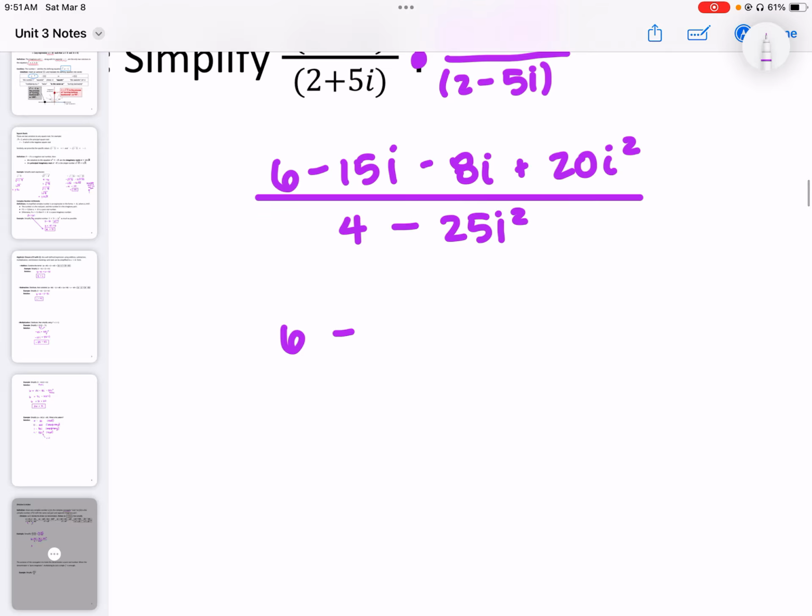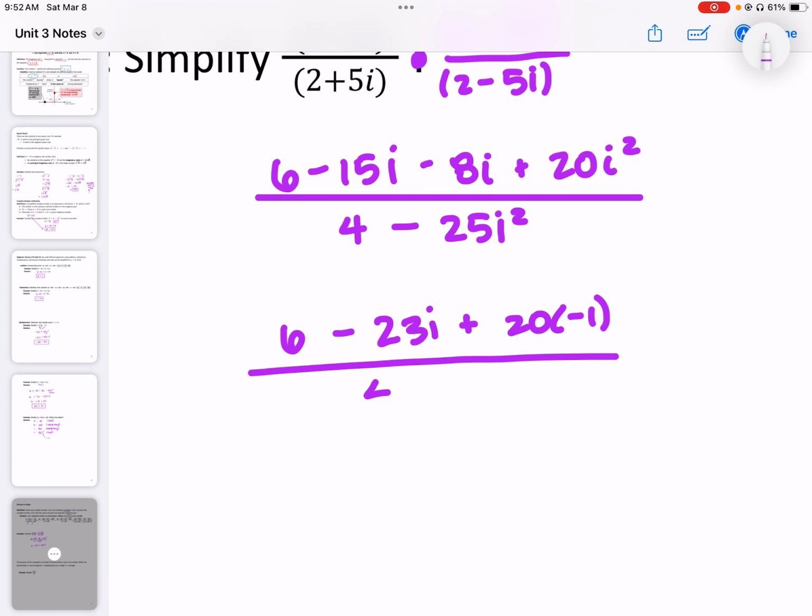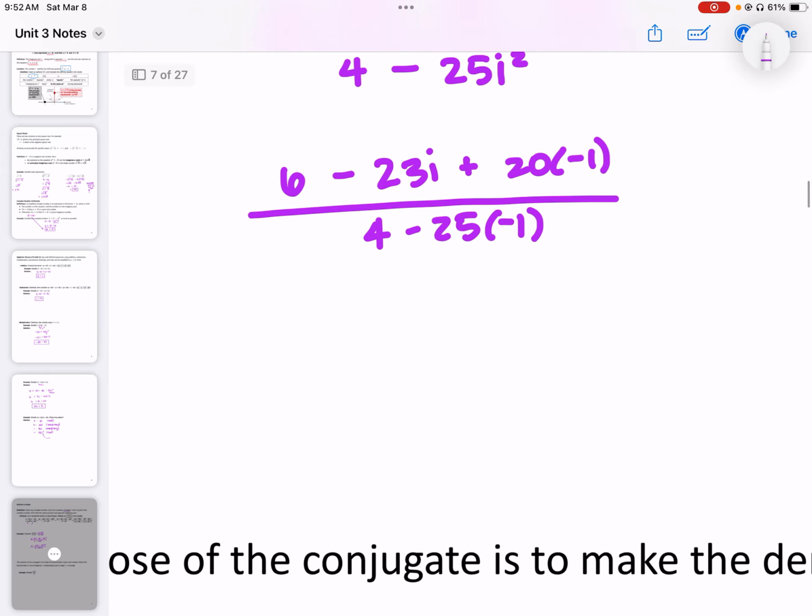6 minus 15 minus 8 is minus 23i plus 20 times minus 1 over 4 minus 25 times minus 1. So I have 6 minus 23i minus 20 all over 4 plus 25, which is 29.